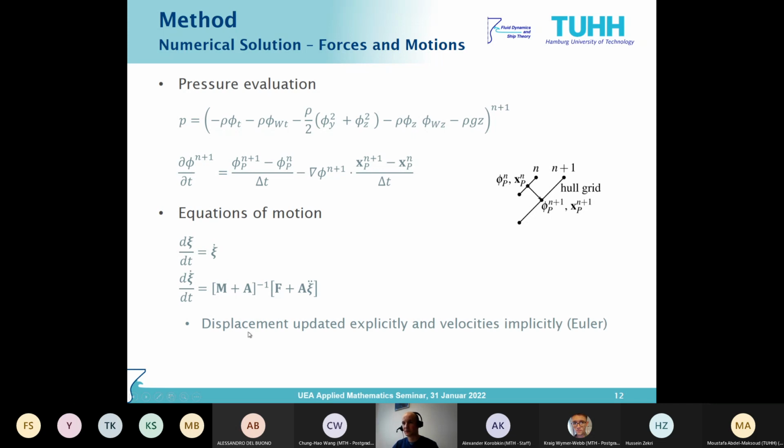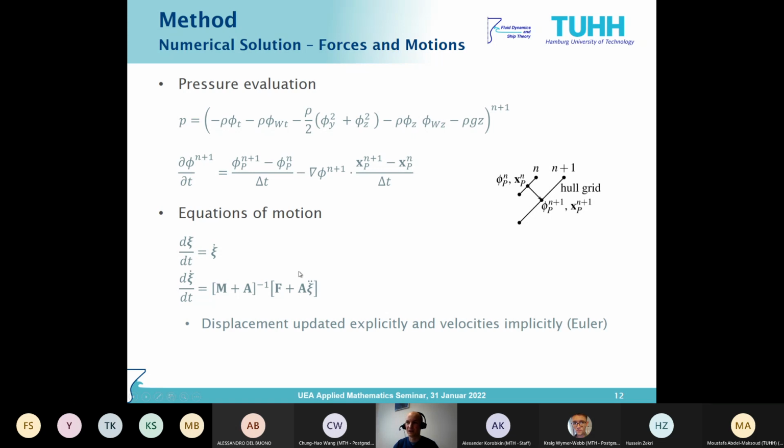Here again, there's the option to explicitly update the displacements and implicitly solve for the velocities, so that this equation is more true because the acceleration is on both sides now.